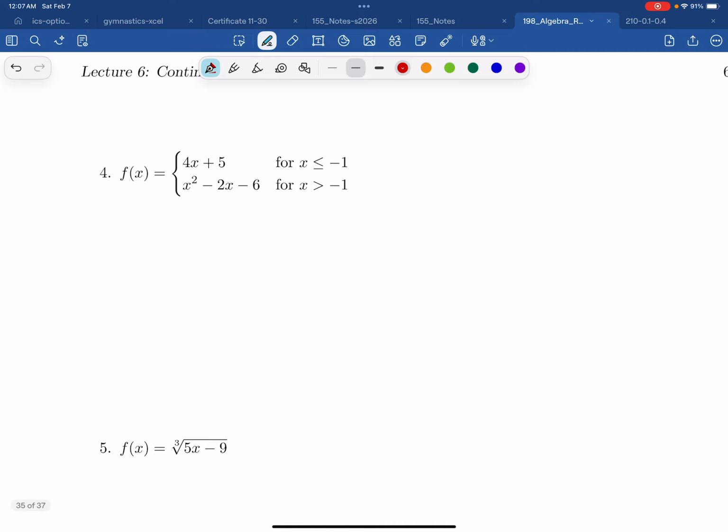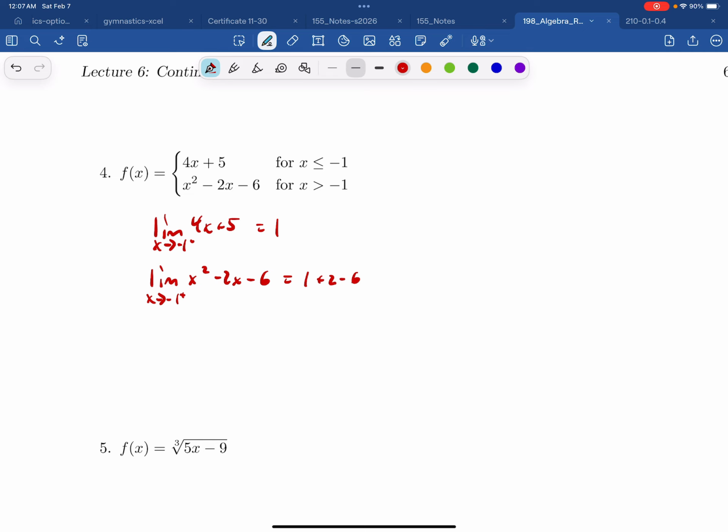Here we have another piecewise function, and we have that the limit as x approaches negative 1 from the left of 4x plus 5. Well, I think we can handle that. That's going to be 1, right? Negative 4 plus 5. We have the limit as x approaches negative 1 from the right of f of x is going to equal this guy. What is that? 1 plus 2 minus 6.